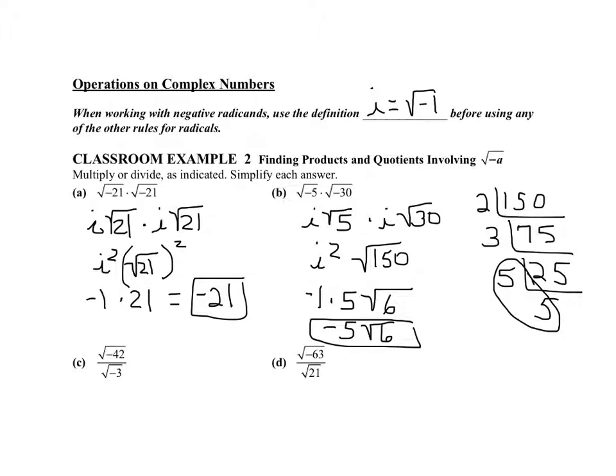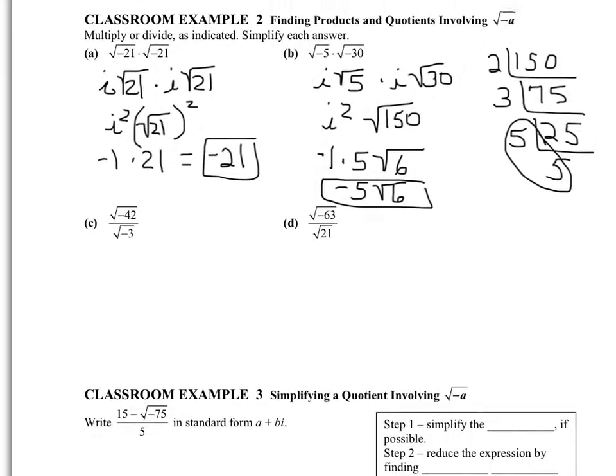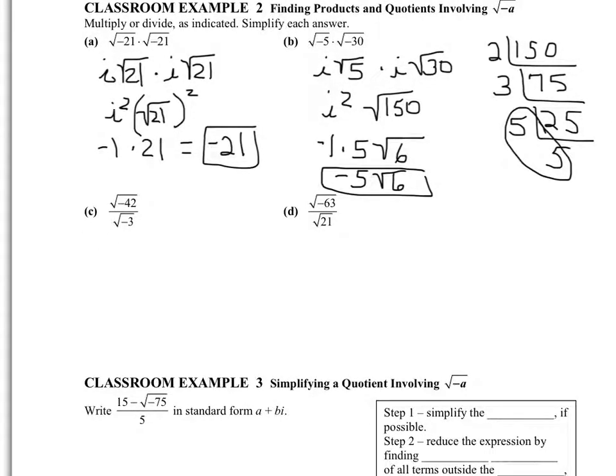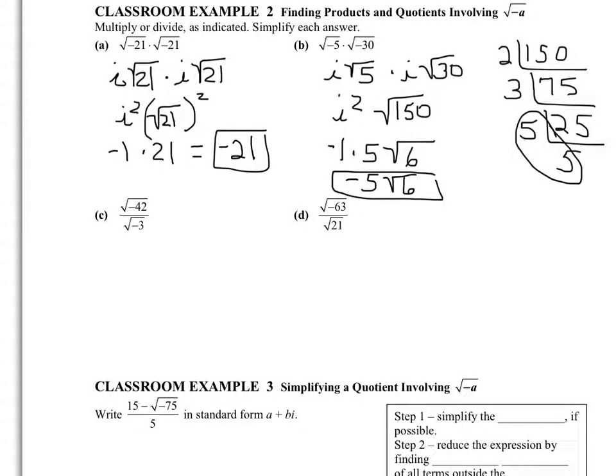Now when I'm dividing, again, pull your i out first. Be very careful as you do it though. And notice in the case of C, if I pull the i out, I would have i times the square root of 42 divided by i times the square root of 3 on the bottom.